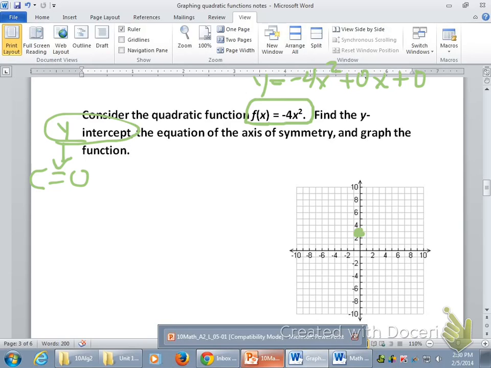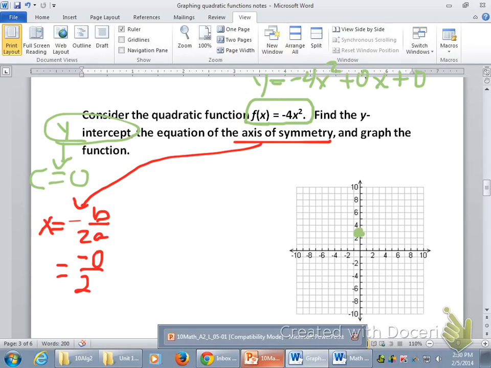All right. Find the axis of symmetry. How do you find the axis of symmetry? You have to use the equation, right, for the axis of symmetry. So that's going to be x equals negative b over 2a, which in this case is going to be negative, what's the b? 0, divided by 2 times a, which is negative 4, which is 0 over negative 8.